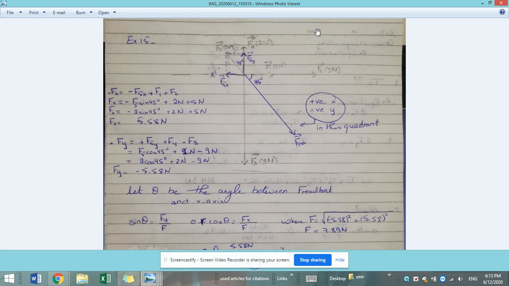The only one here which is oblique is f5, and the angle between f5 and the y-axis is given to be 45 degrees. So applying the cosine and sine rule, cosine 45 is equal to the adjacent over the hypotenuse. The adjacent in this case is f5y, and the hypotenuse is f5 itself. And for the sine 45, it's equal to the opposite over the hypotenuse.